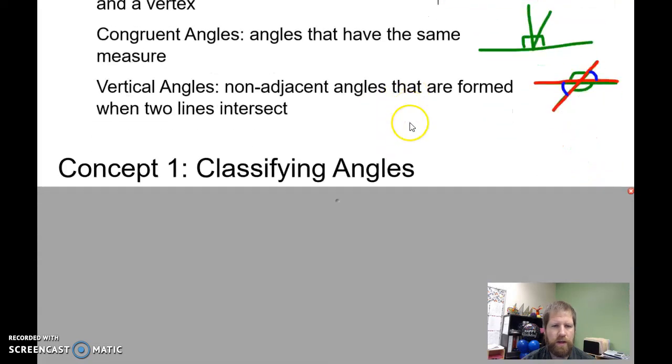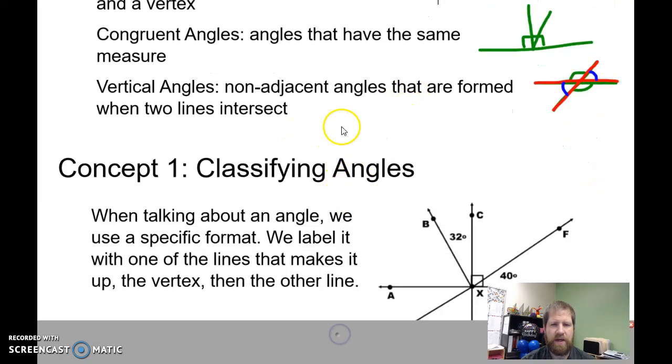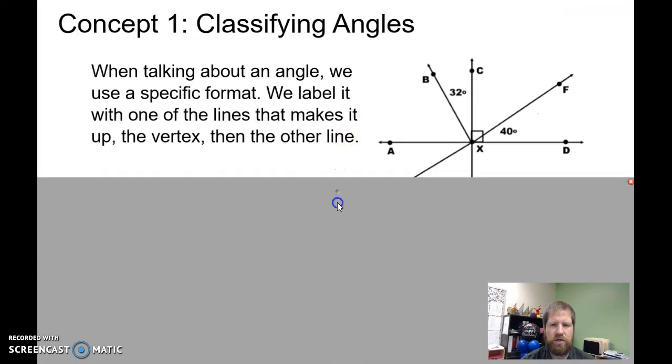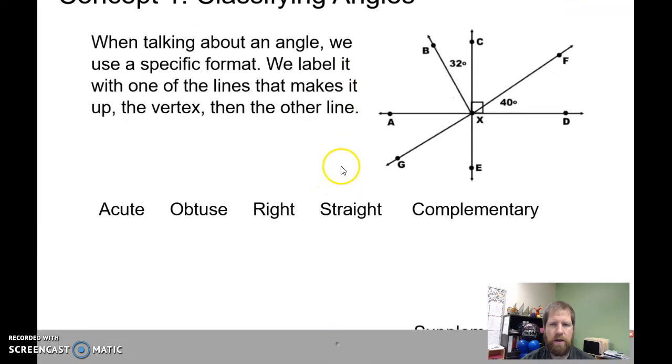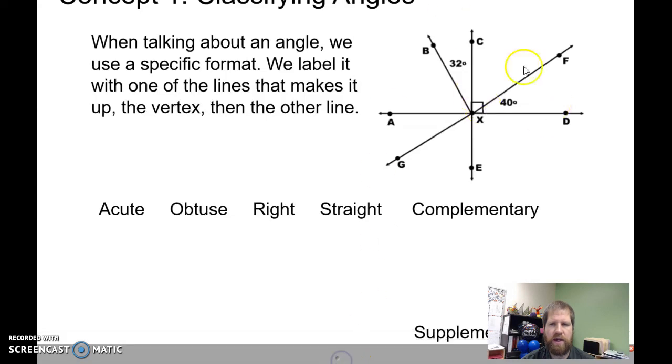So concept one is classifying angles, and basically that's just looking at angles and deciding which category they fit into. There's a specific way that we label them, though. So this angle right here, we've got a point on this line, and then a vertex, and your vertex will have a label. And these are almost always letters, but sometimes they can be numbers. And then your other line has a label.